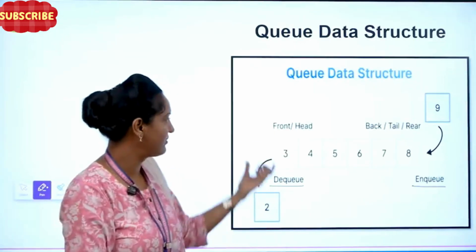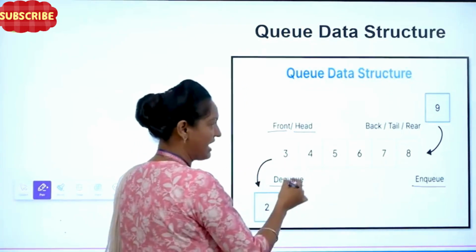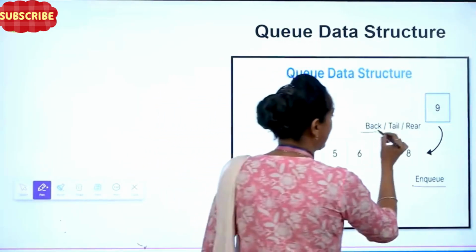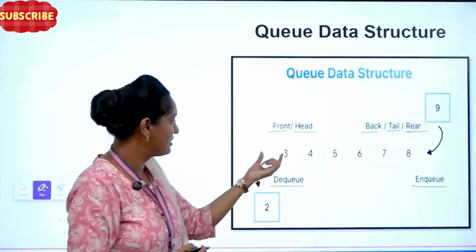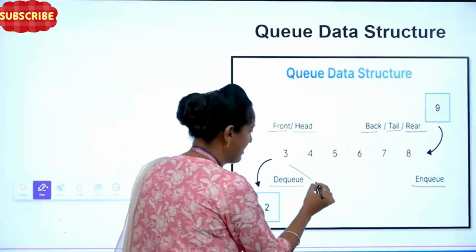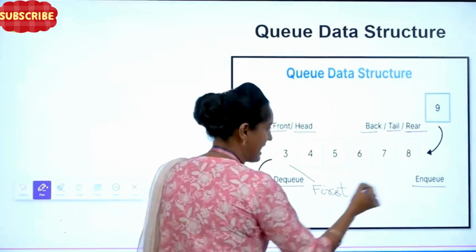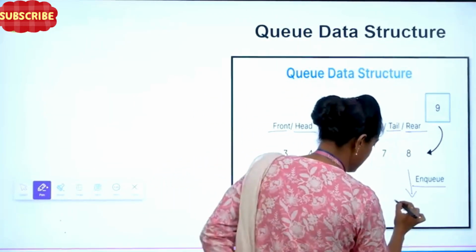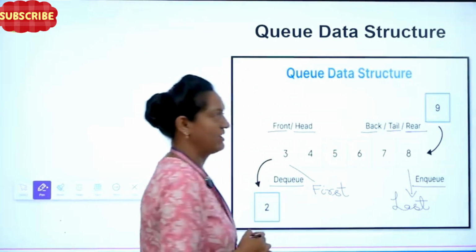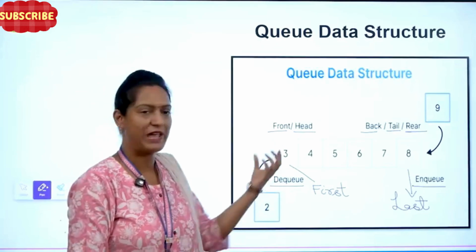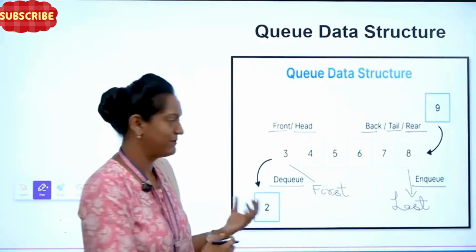Number one, front or head, and the other one is back, tail or rear. This is my first element, and this is the last element. If I want to add one more element to my queue, it comes here.